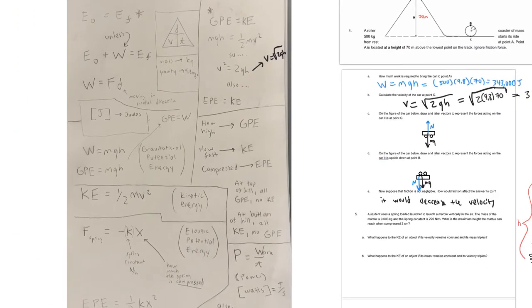Now, one of the things that I had mentioned in the last video is that GPE, since it equals kinetic energy, GPE also equals elastic potential energy. So this could be the ticket, seeing as how this has to do with a spring and this has to do with height. Setting these two equal to each other and working with those could be the ticket to finding the answer here. I'm going to say that it probably will be.